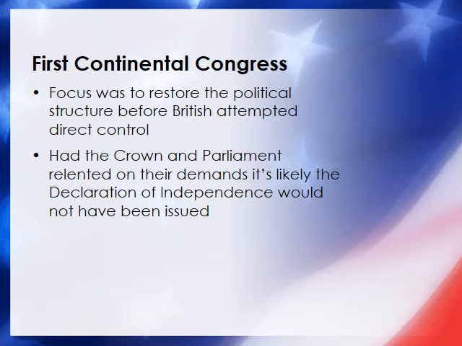Again, the goal of the First Continental Congress, where 12 of the 13 colonies met, except Georgia, was to restore the structure that colonists enjoyed before the British tried to assert direct control. And if the Crown and Parliament had backed off, it's pretty unlikely the Declaration of Independence would ever have been issued.